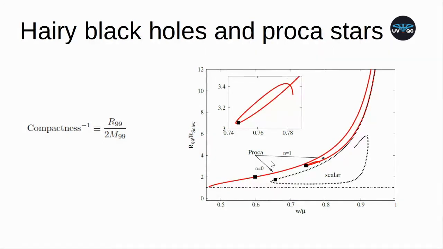When we compare this to the Schwarzschild radius, we see that for the fundamental case for the Proca field, this line comes very close to the Schwarzschild radius. So the radius of these Proca stars comes very, very close to the Schwarzschild radius, so it's very compact. And these black squares correspond to the point where we have, for the first time, an ergoregion in that solution.